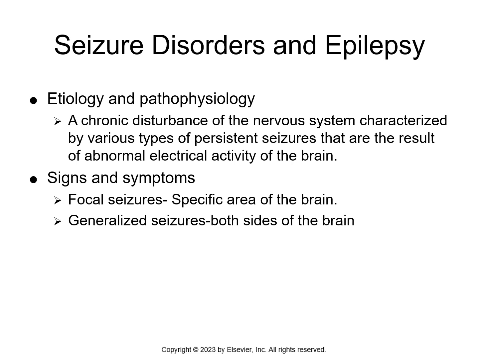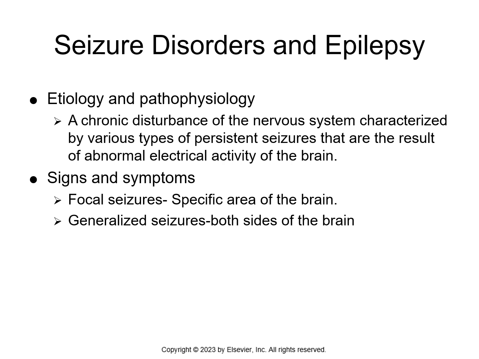Seizures, disorders, and epilepsy. The chronic disturbance of the nervous system in the brain is what brings on a seizure. And down in another slide, I'll talk about it, but our brain has neurons, and these neurons will produce different neurotransmitters.